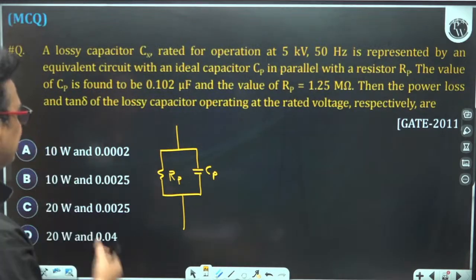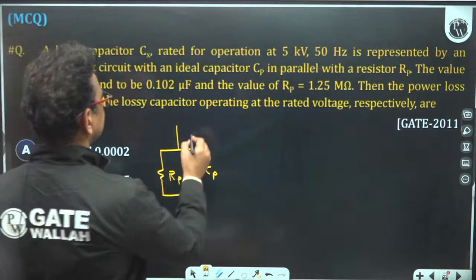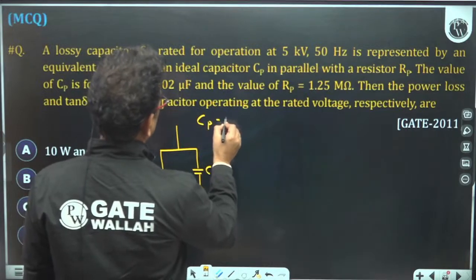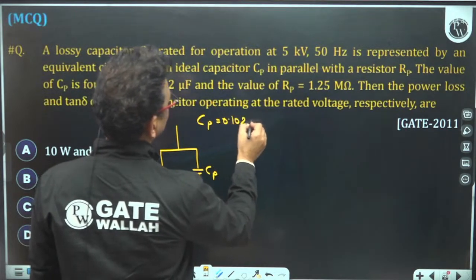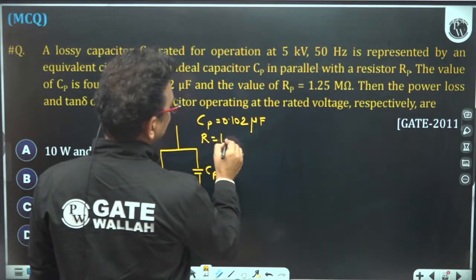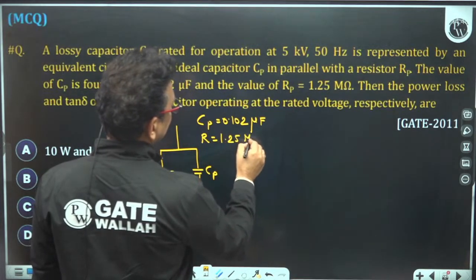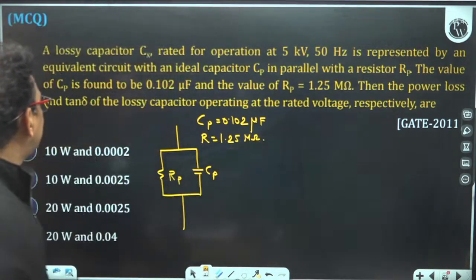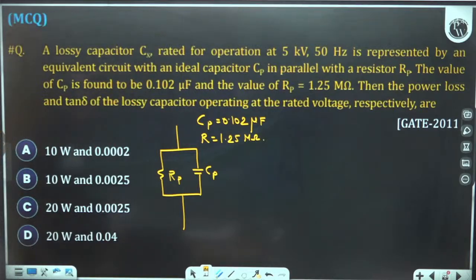The value of Cp is 0.102 microfarad and the value of resistance is 1.25 megaohm. Then the power loss and the tan delta of the lossy capacitor operating at the rated voltage respectively will be. You have to find out the power loss and the tan delta.